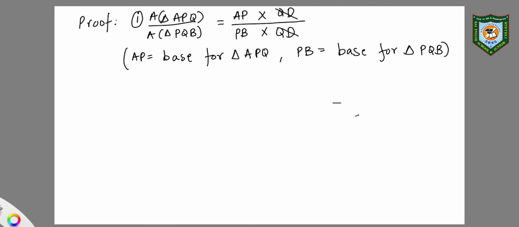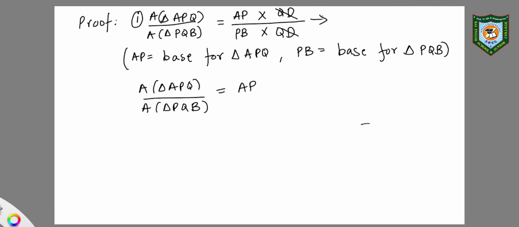So QD and QD cancel out, and what I'm left with is area of triangle APQ divided by area of triangle PQB is equal to AP divided by PB. This is my equation number 1.